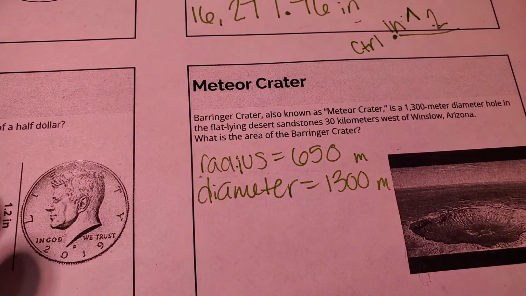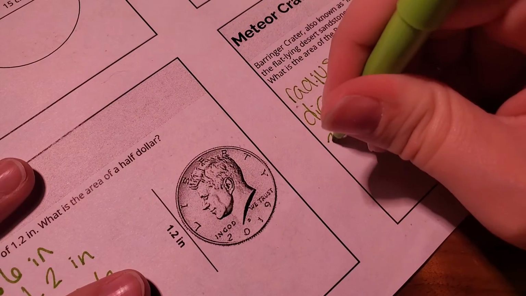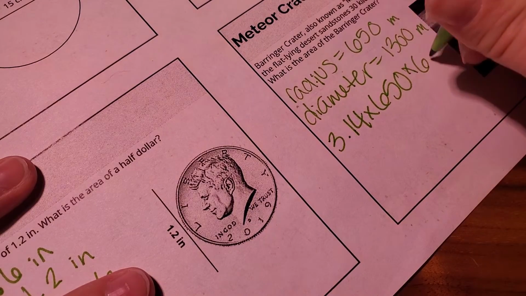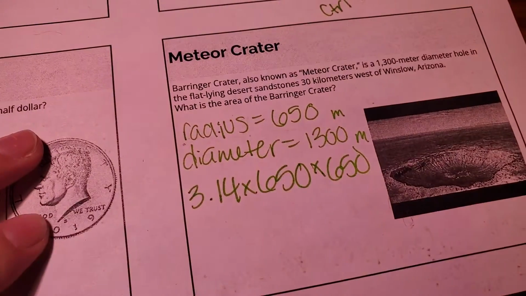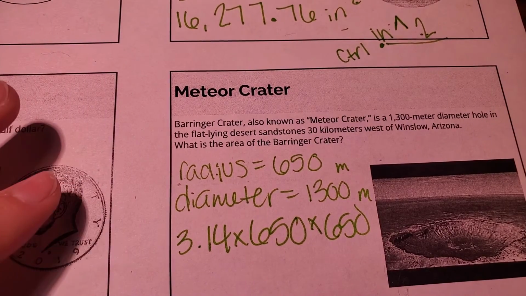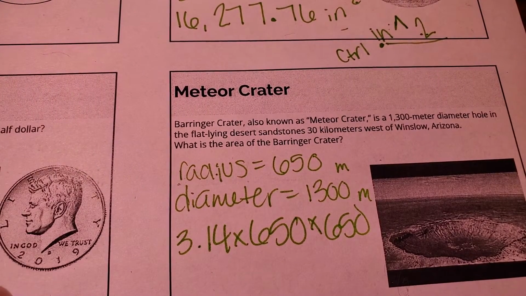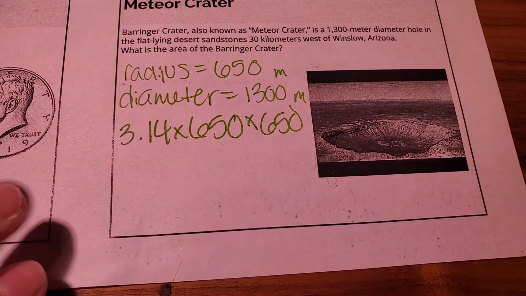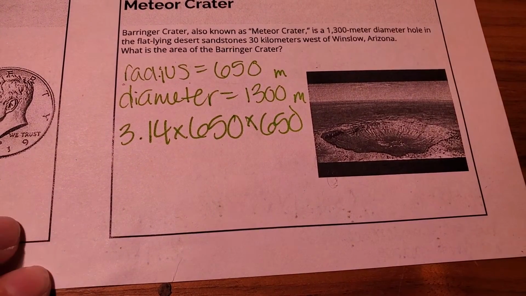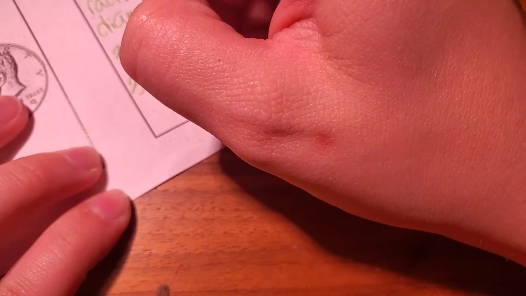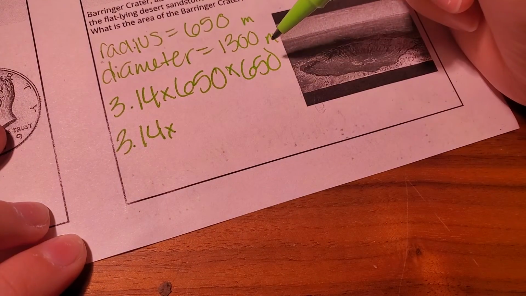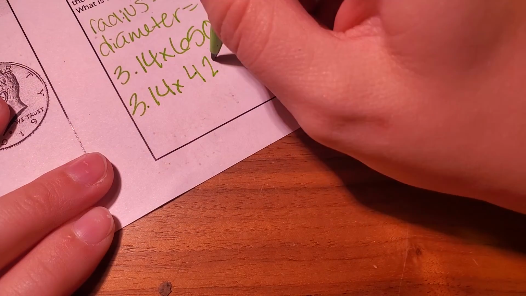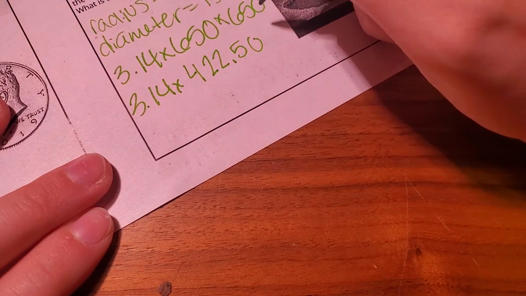So now for our area, we are going to do pi times our radius, which is 650, and times 650 again. 650 times 650, so we're going to get some pretty massive numbers here. So make sure you have all the correct digits. So 3.14 times 650 times 650 is 422,500.